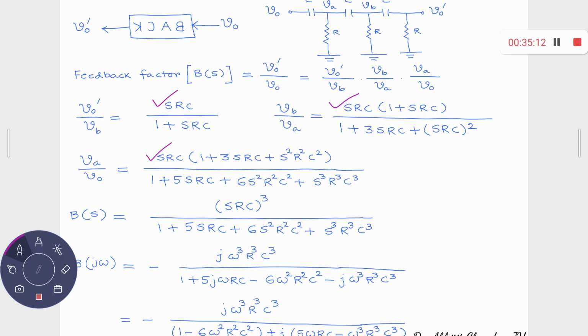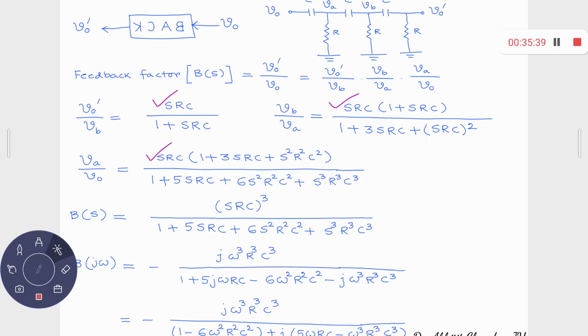And the 1 plus SRC here gets cancelled. The 1 plus 3 SRC plus SRC whole square also gets cancelled. So, in the expression of B of S, you have SRC whole cube upon this entire thing: 6 S square R square C square plus S cube R cube C cube. That is the expression for B of S.